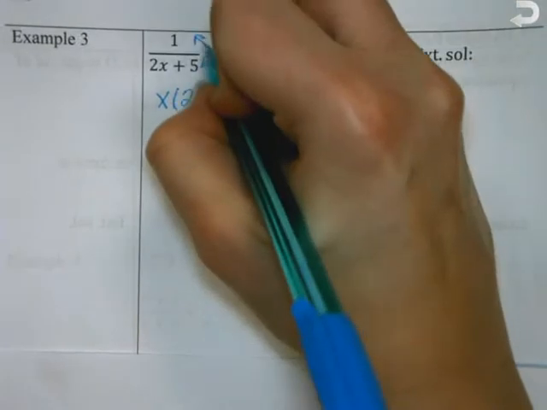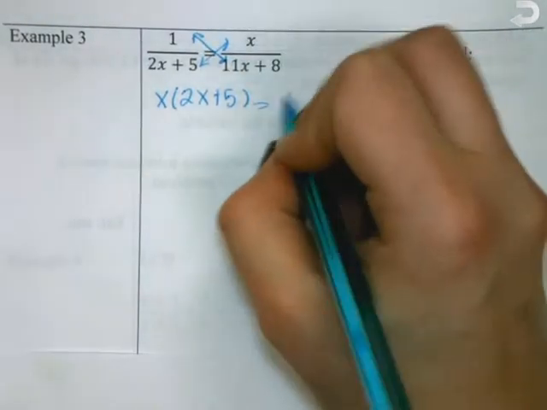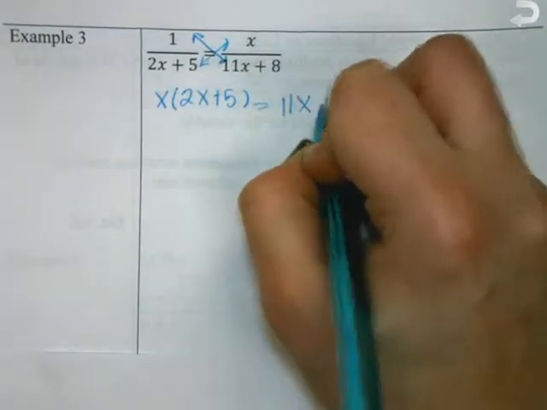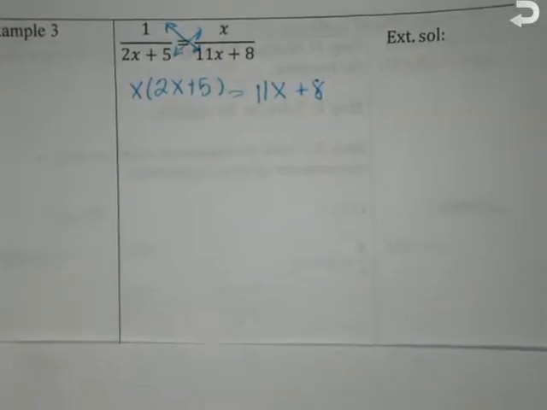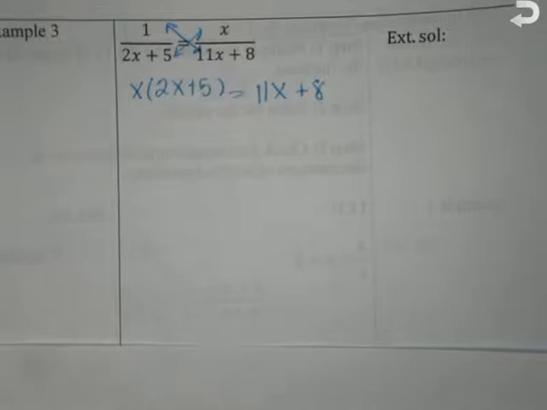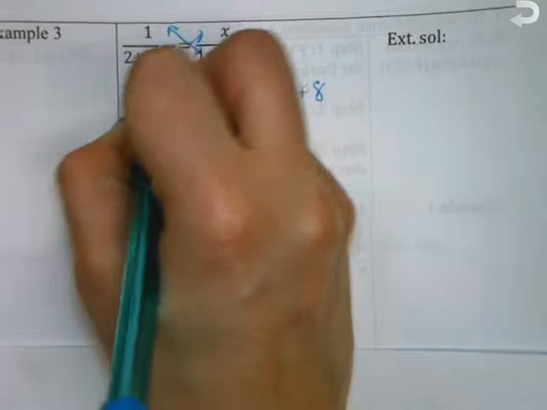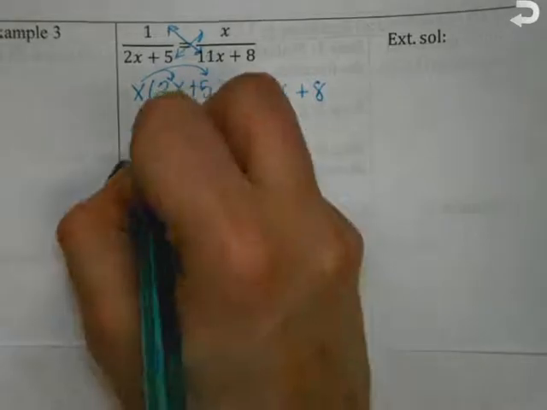So just 11x plus 8 is fine. Okay, what do you see that I can do on the left? Distribute. So that's going to give me 2x squared plus 5x equals 11x plus 8.